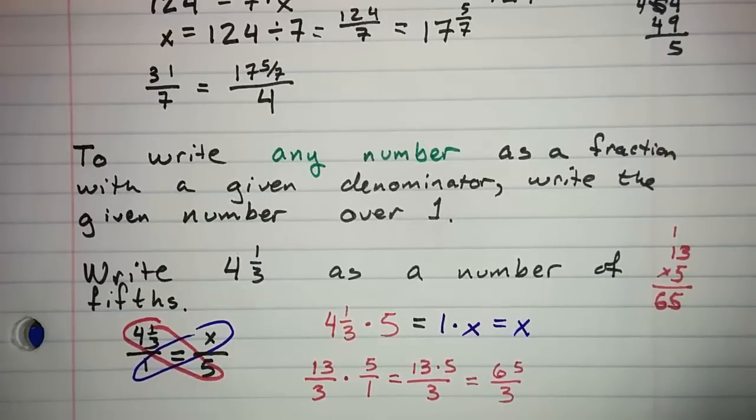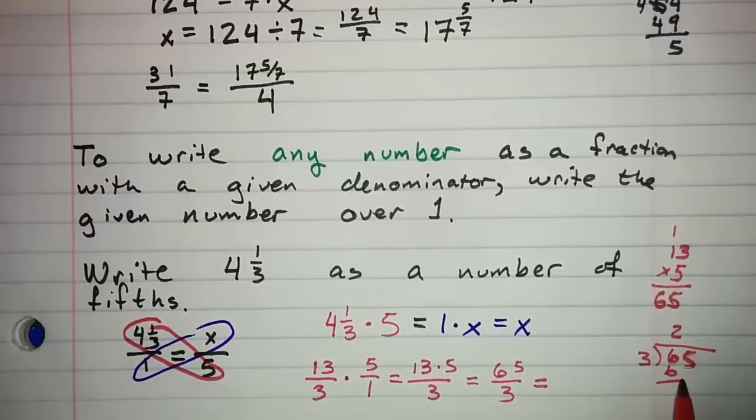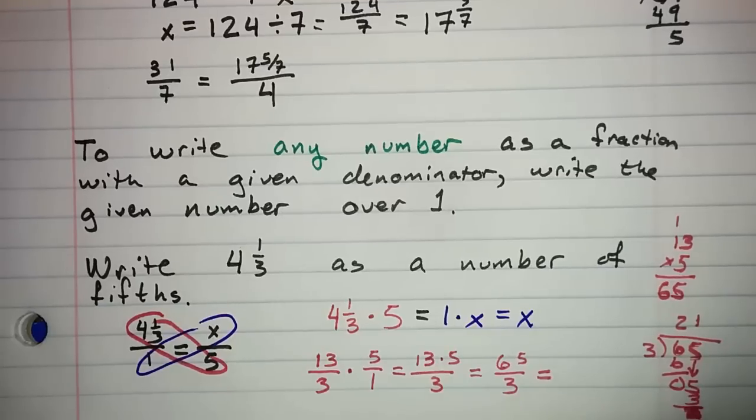65 thirds. I think I probably want a mixed number, just because I seem to be in an environment where mixed numbers are popular. So I'm going to divide 3 into 65. 3 goes into 6 twice. Nothing left over. Bring down the 5. 3 goes into 5 once. 2 left over.